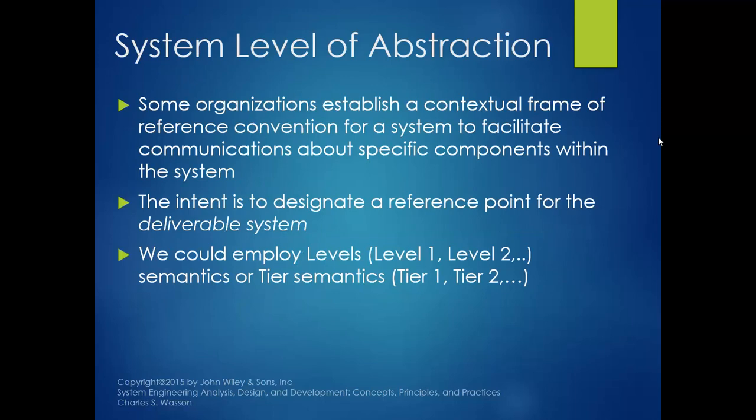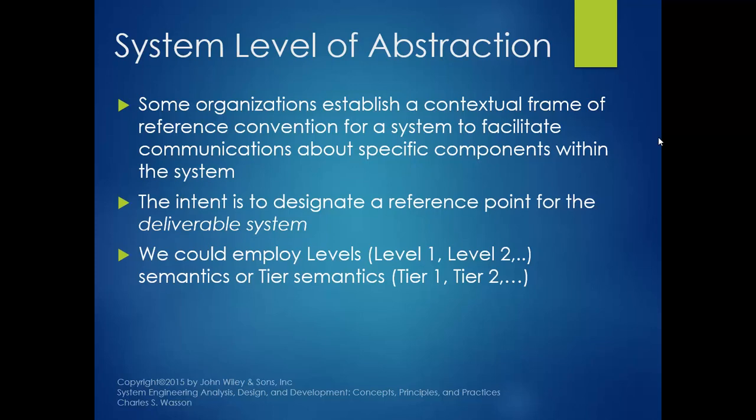Some organizations establish a contextual frame of reference convention for a system to facilitate communications about specific components within that system. It will be identified, known, to know exactly what kind of components there are and how they interact with each other.